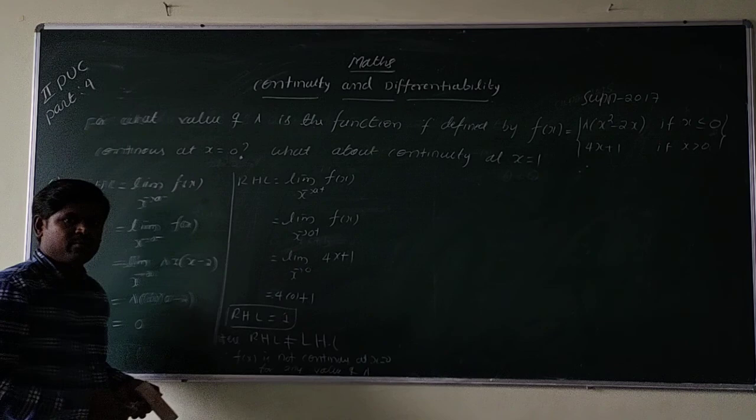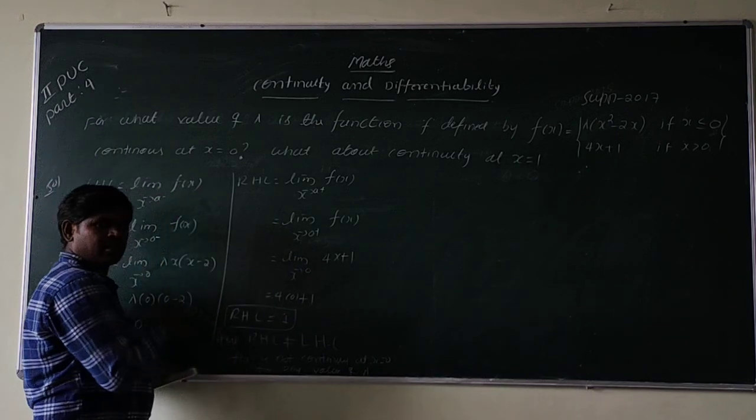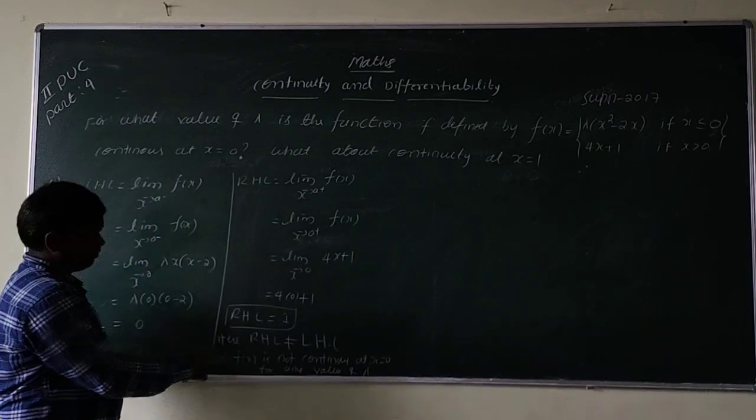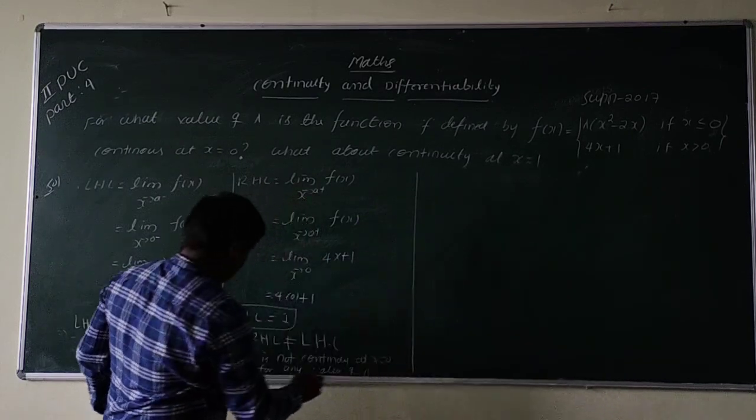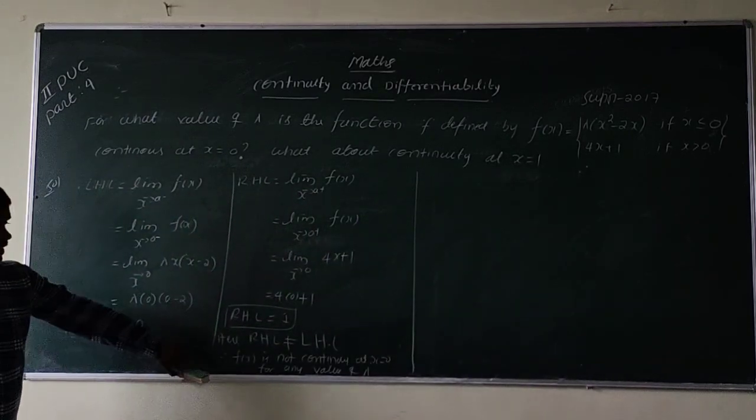Suppose we take x tends to 0, we get 0 into something. So whatever value we take for lambda, the function is not continuous at x equal to 0 for any value of lambda.